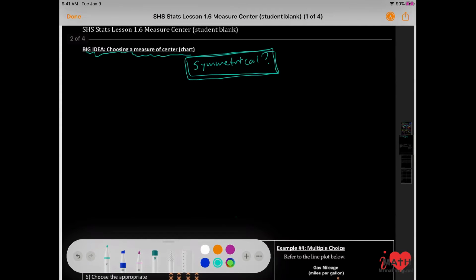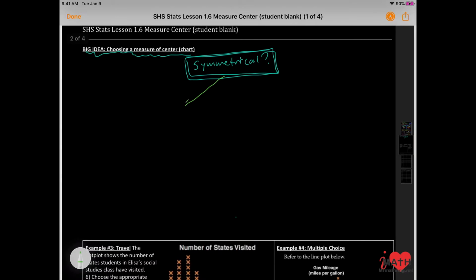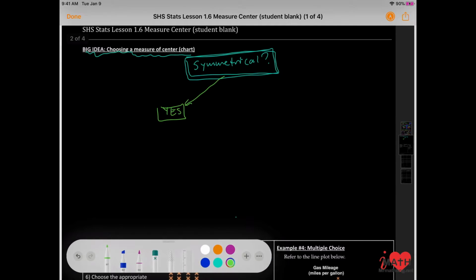Let's try to color code this. Like, I always think of lights, like green light, yellow light. So if it is symmetrical, make a chart here.